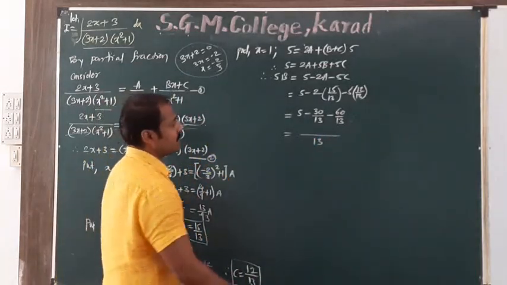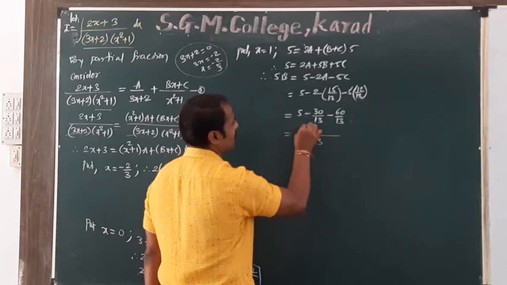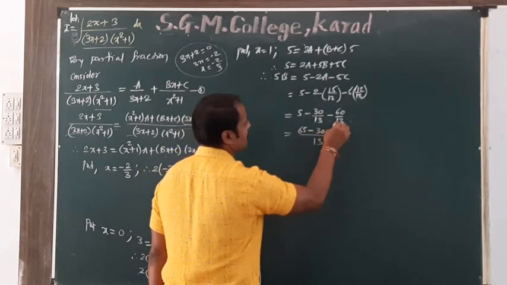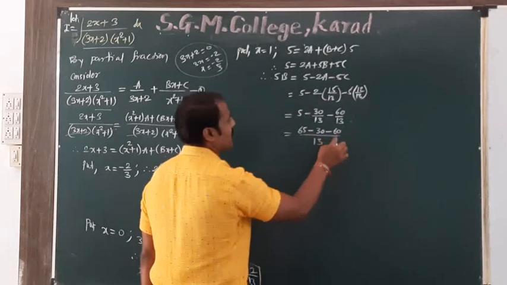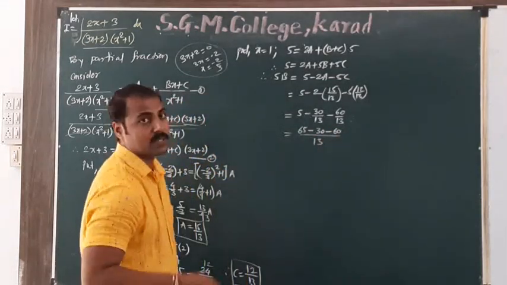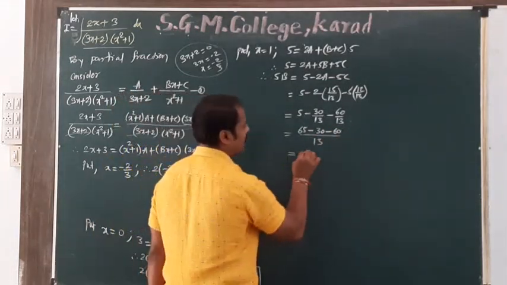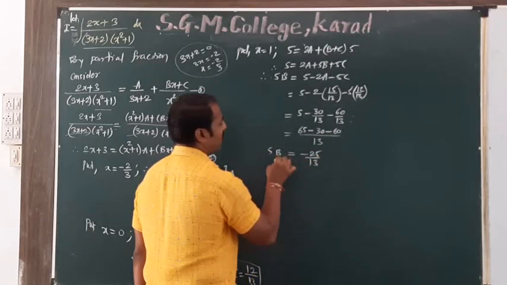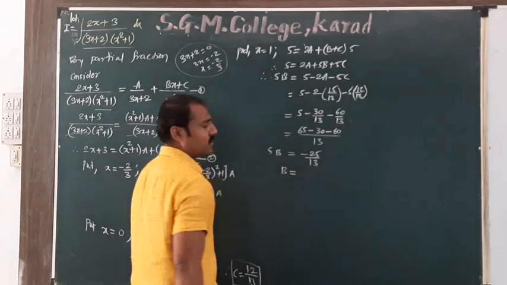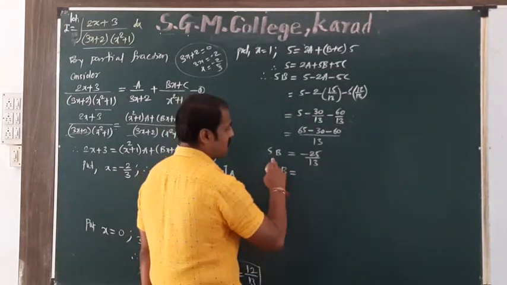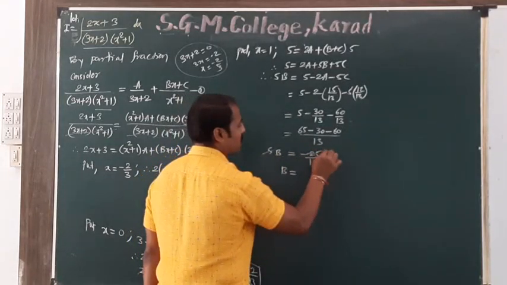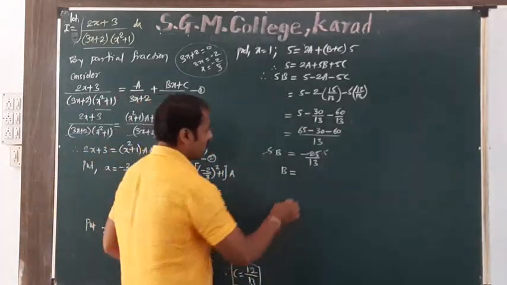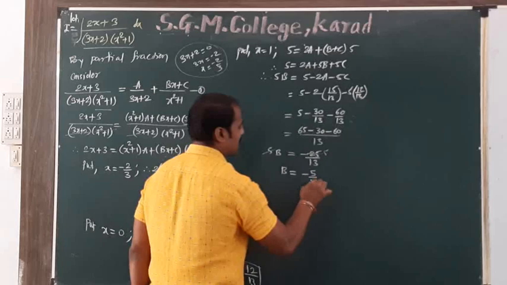So I can write this as 13 5s are 65 minus 30 minus 60. 65 minus 30 is 35, minus 60 is minus 25, divided by 13. It's the value of 5b. From this we get the value of b. b is what? 5 5s are 25. So b is minus 5 divided by 13.